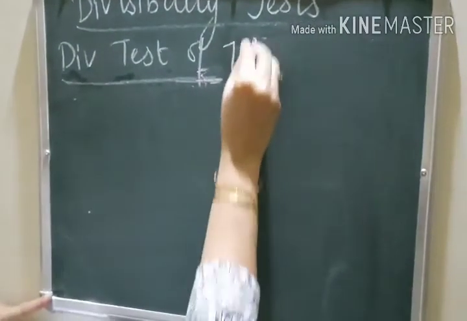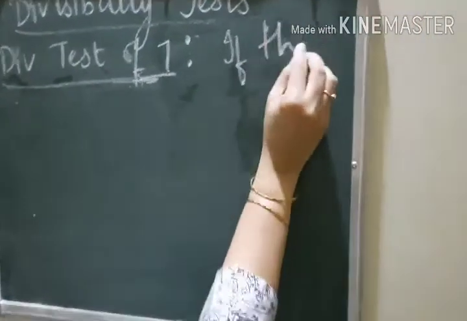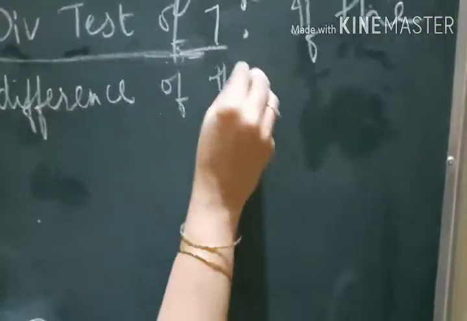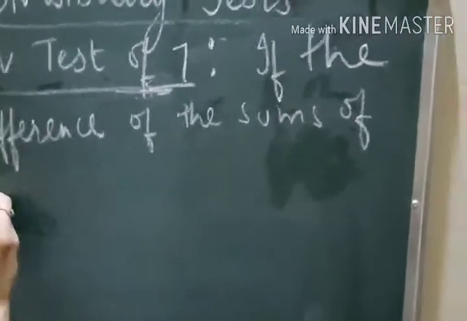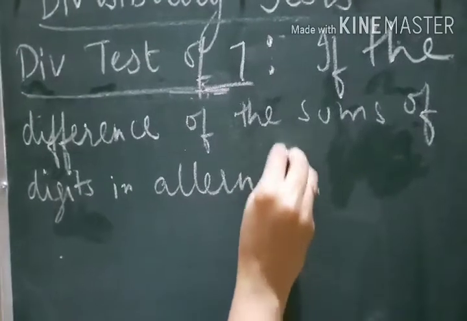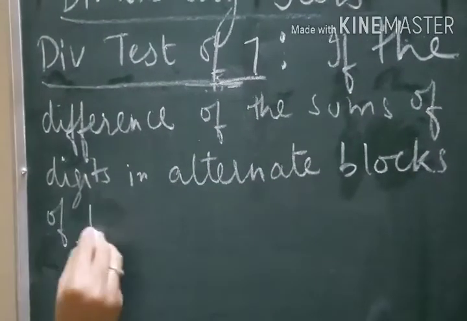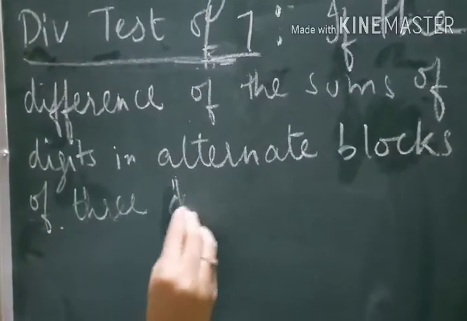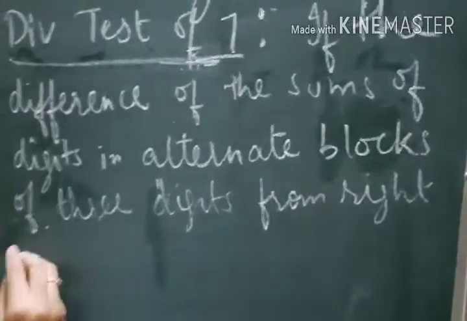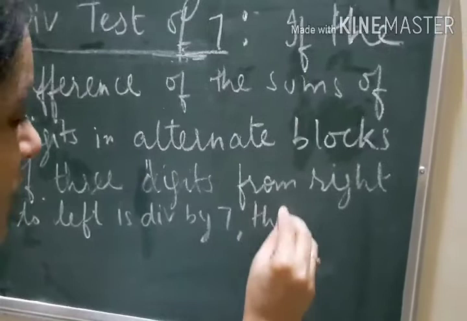Now for 7, what you have to see is, if the difference of the sum of digits in alternate blocks of 3 digits from right to left is divisible by 7, then the number is also divisible by 7.